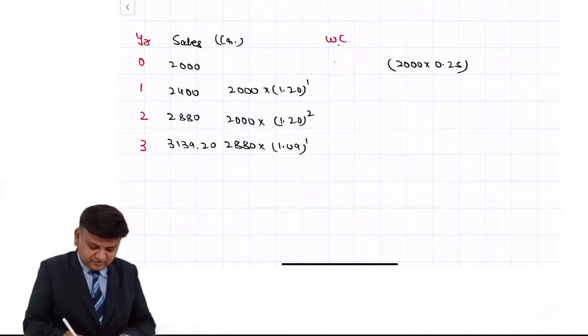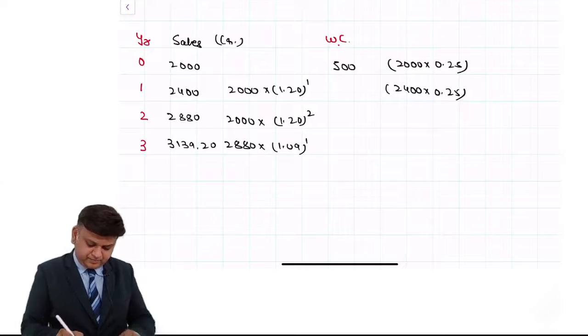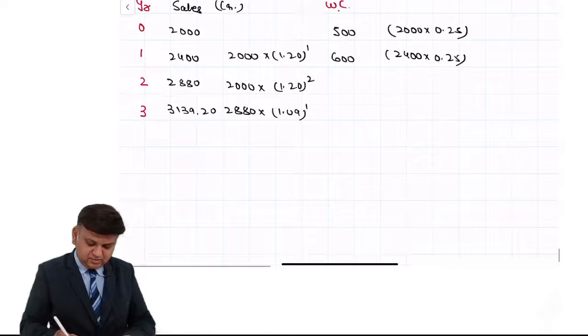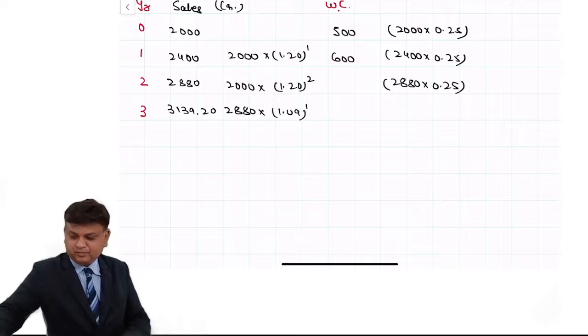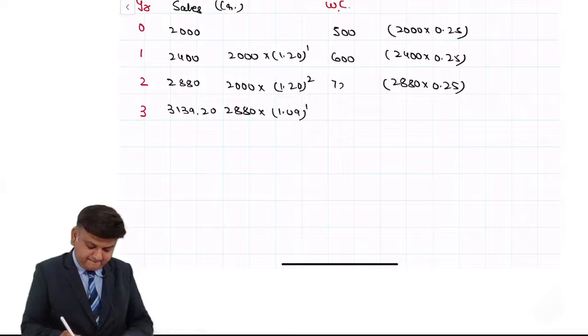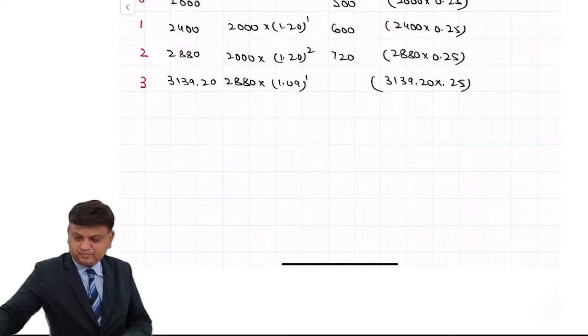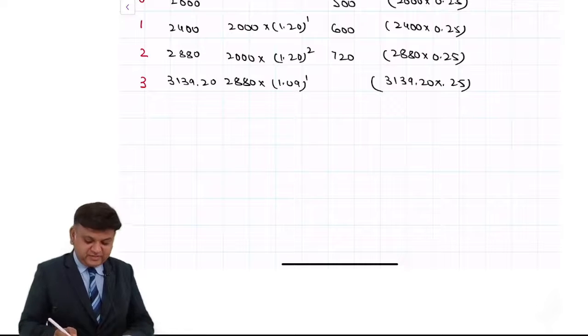That comes to 500. 2400 into 0.25. That comes to 600. Then 2880 into 0.25 once again. So that comes to 720. Next is 3139.20 into 0.25. That is 784.8.